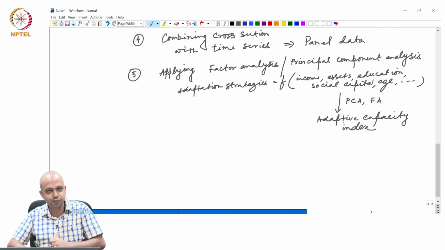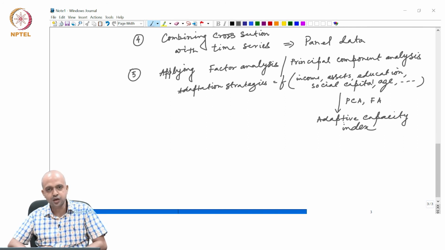This is also another method of solving the multicollinearity problem. So, depending on the situation, depending on your data set, we have to think about which particular method to apply and to solve the multicollinearity.